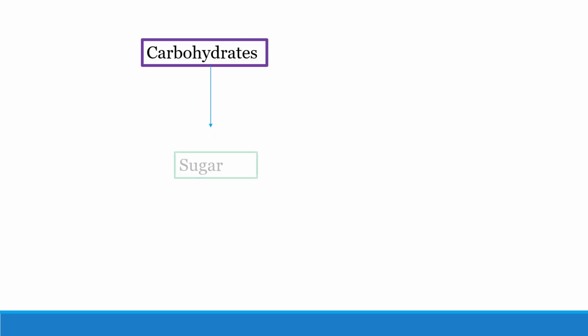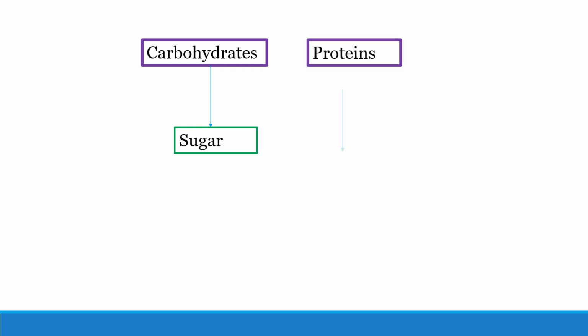Now how the process of absorption actually goes on? So we have carbohydrates broken down into simple sugar, proteins broken down into the amino acids.